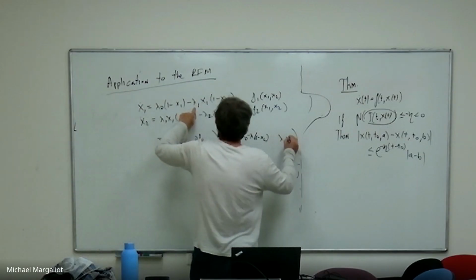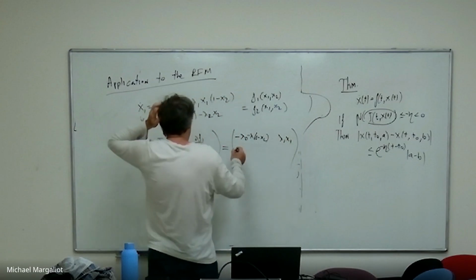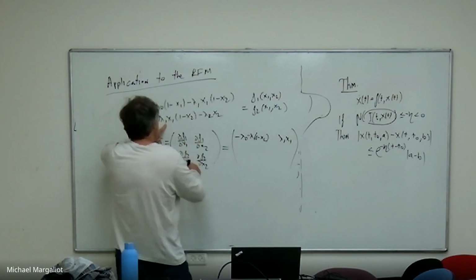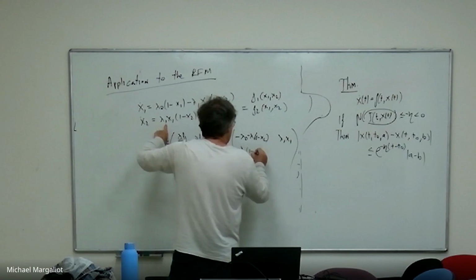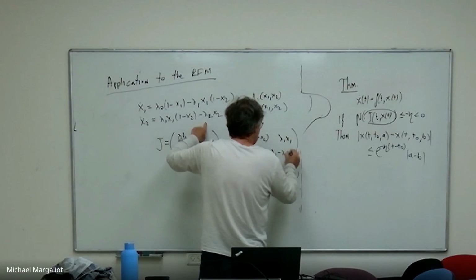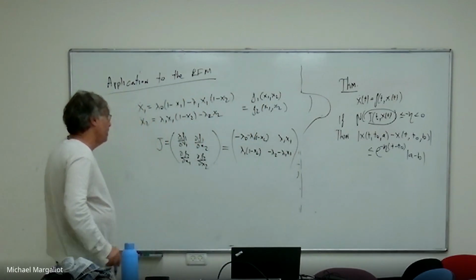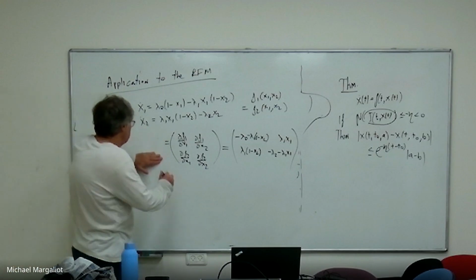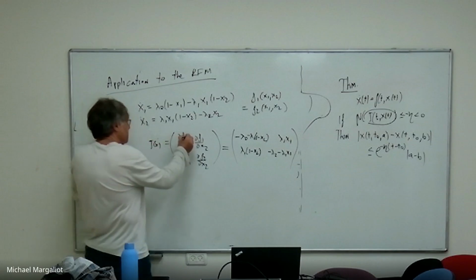I get lambda 1 x1. You can continue this. I hope I didn't make any mistakes. df2/dx1: lambda 1 times 1 minus x2. And df2/dx2: minus lambda 2, minus lambda 1. Very good. This is the expression for the Jacobian. Of course, everything here depends on x.